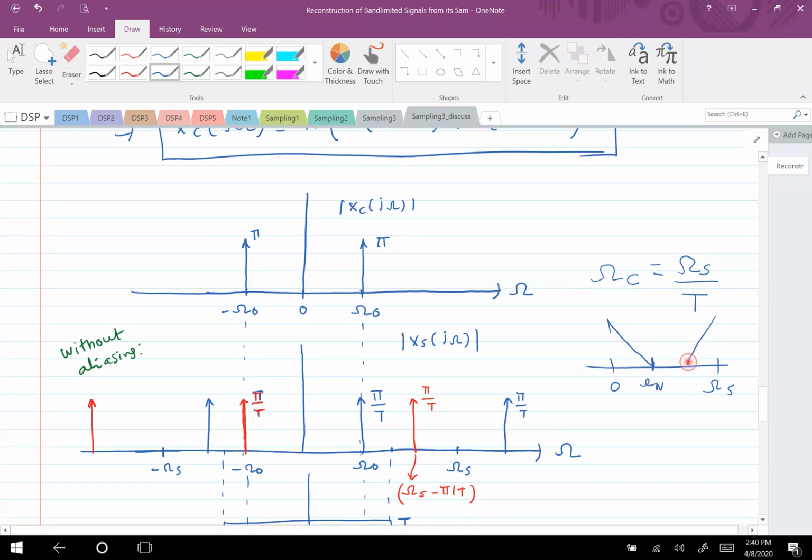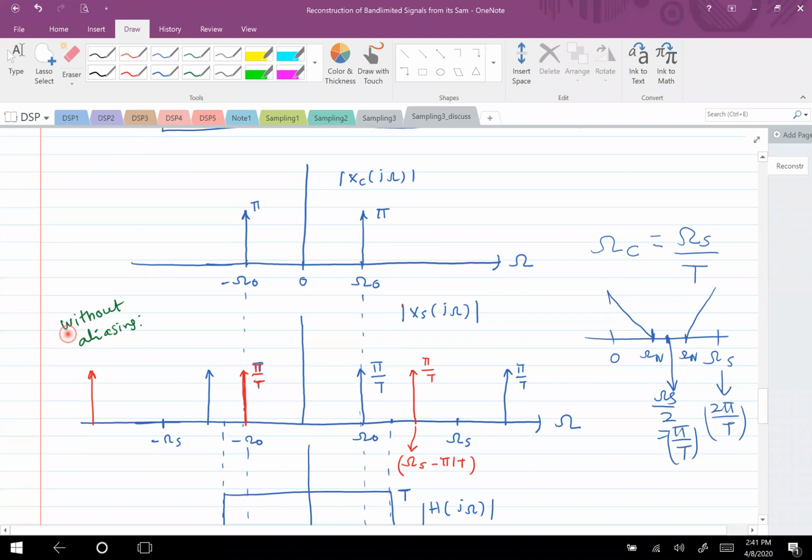This side also, when you are keeping the copy, it could come to omega n, right? So in between we are taking the cutoff frequency here. All we are taking here is, omega s is 2 pi by T anyway, if I know the T value, correct? So omega s by 2 would give me pi by T. That's all I am taking here.